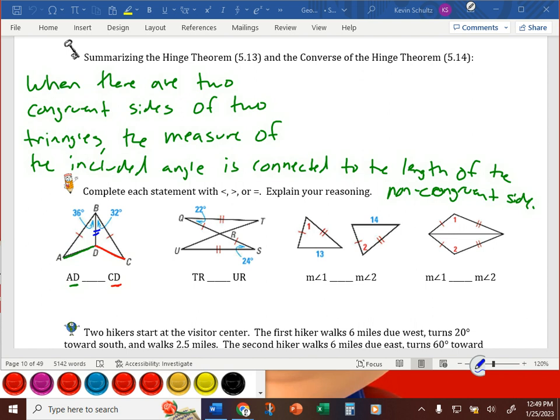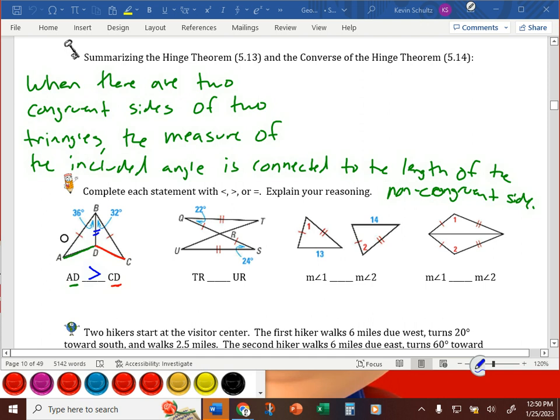Catherine, you have an answer? AD is larger than CD, because 36 is larger than 32. Exactly. Because of the Hinge theorem and knowing that 36 is greater than 32, we know that AD has to be greater than CD.